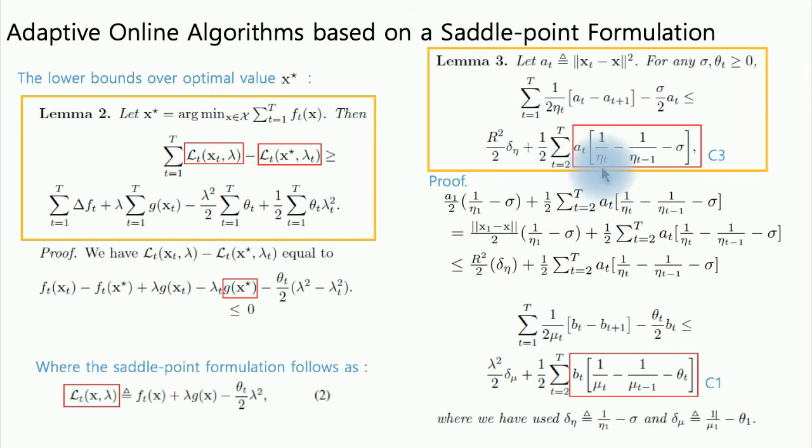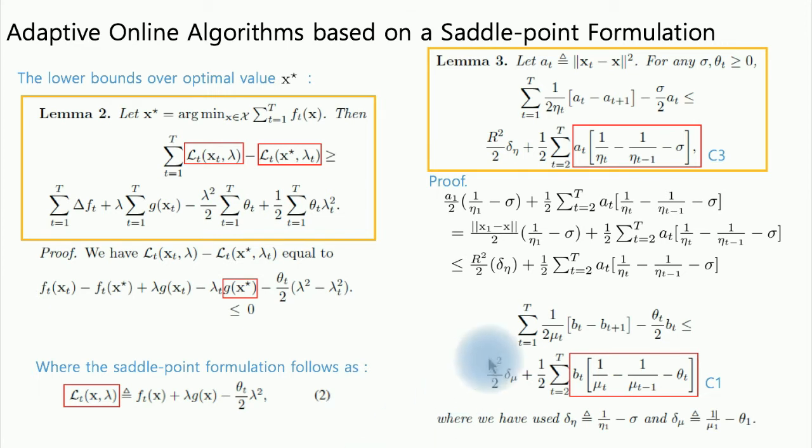To prove lemma 3, we shift the index in sums for terms that depend on at plus 1 over eta t, and collect terms that depend on at, and we then use a minus 1 equal to the norm over x, which is equal to r square.